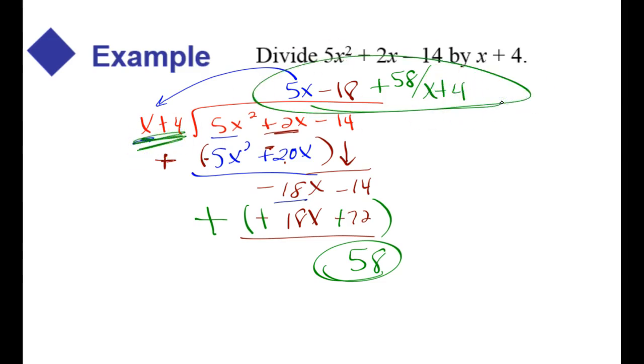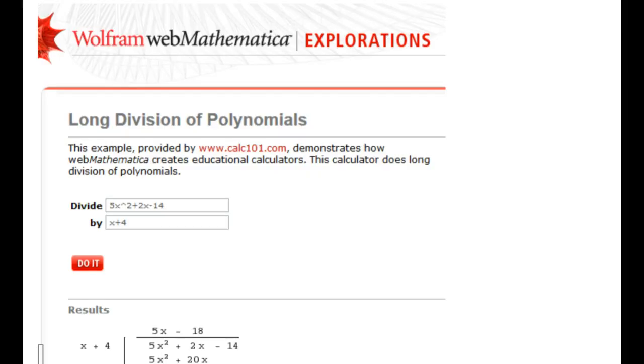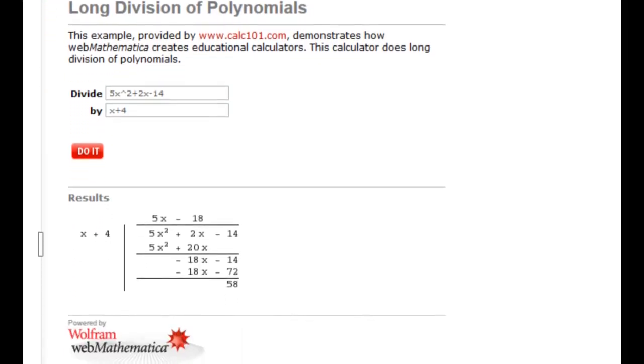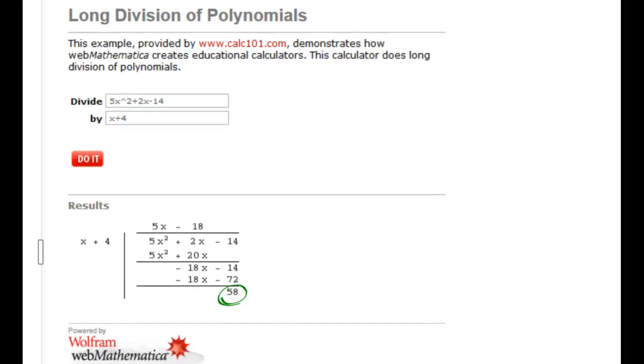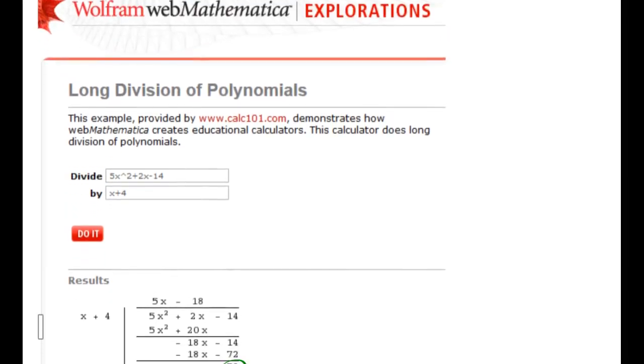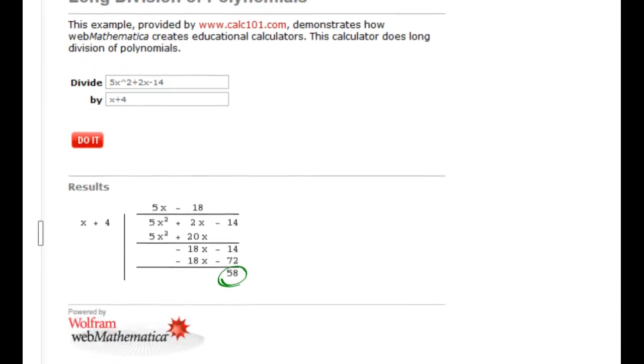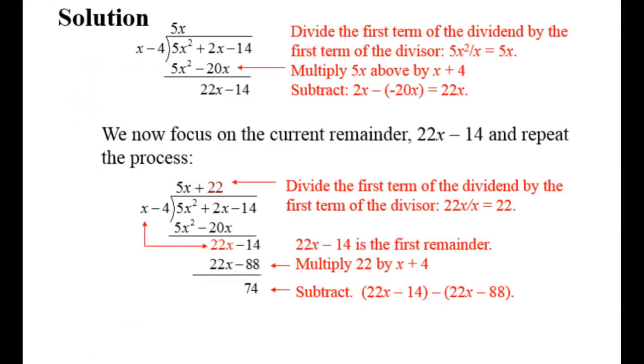So final solution. I had to check this with Wolfram Alpha because the author made a mistake here. So here's Wolfram Alpha showing you how to work this out with long division. The author, for some reason, has x plus 4 here, but actually chose to divide by x minus 4, which is incorrect.